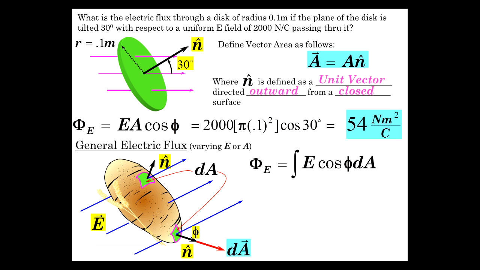Now the electric flux through the potato is the integral of E cosine of phi dA. Basically, integrating the flux through each little area patch, the electric field times that area. So simplified, that's the integral of E perpendicular dA.